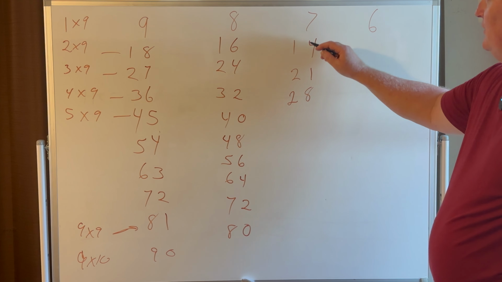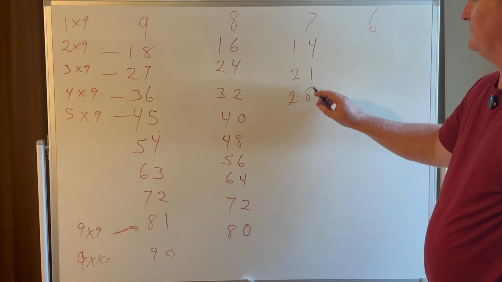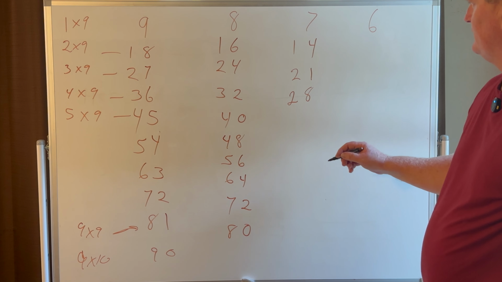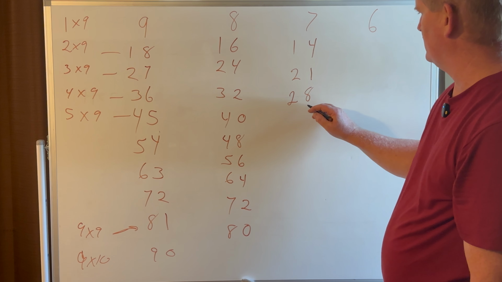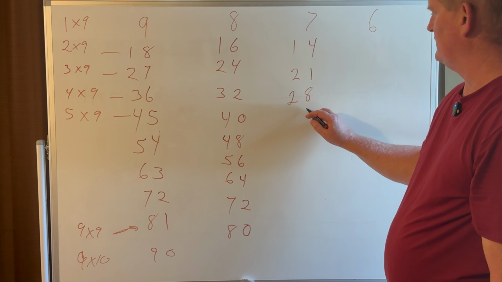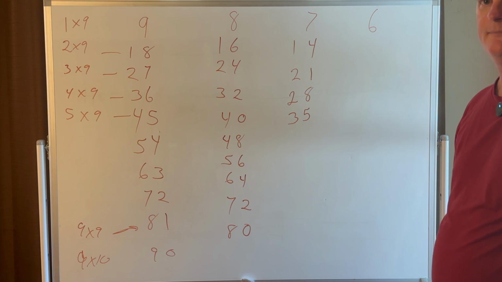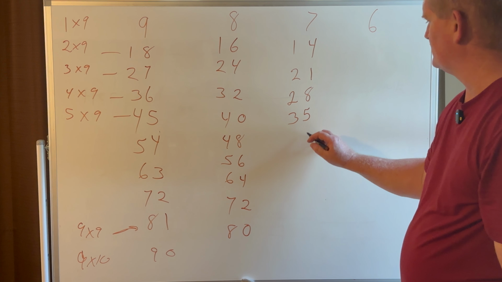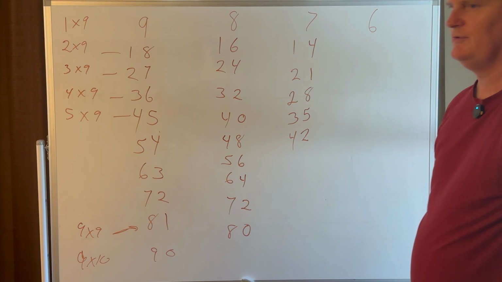When we get to 21, we can't subtract 3, so we have to add 7. 7 plus 1 is 8. Now we can subtract 3s. 8 minus 3 is 5. And we go up by 1. We can still subtract 3. So that would be 2, and that would be 42.